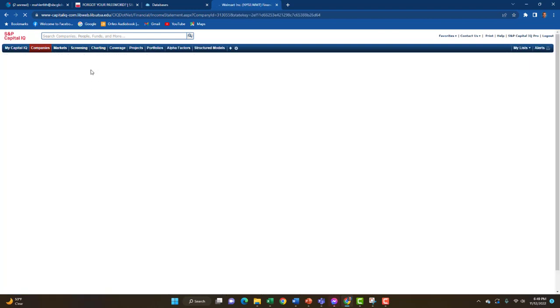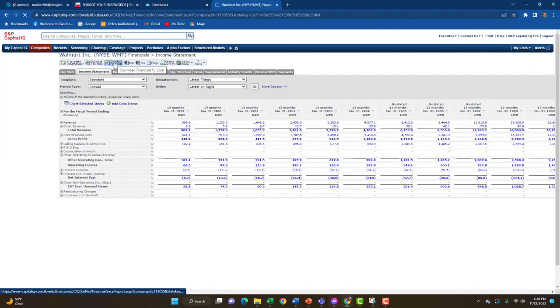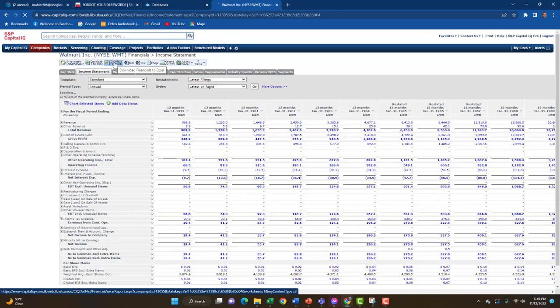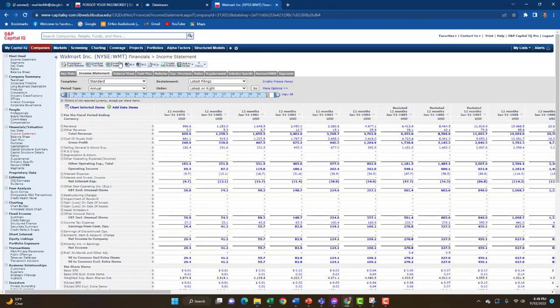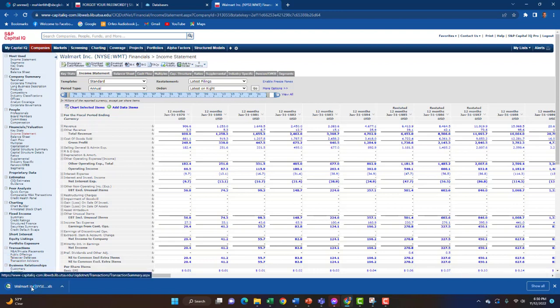And there's a button right here that says download financials. I don't really need that. I just need this page, but you can download financials. That gives you a lot more information. But here I just need this page because all I need is their earnings per share. So I'll bring that in.